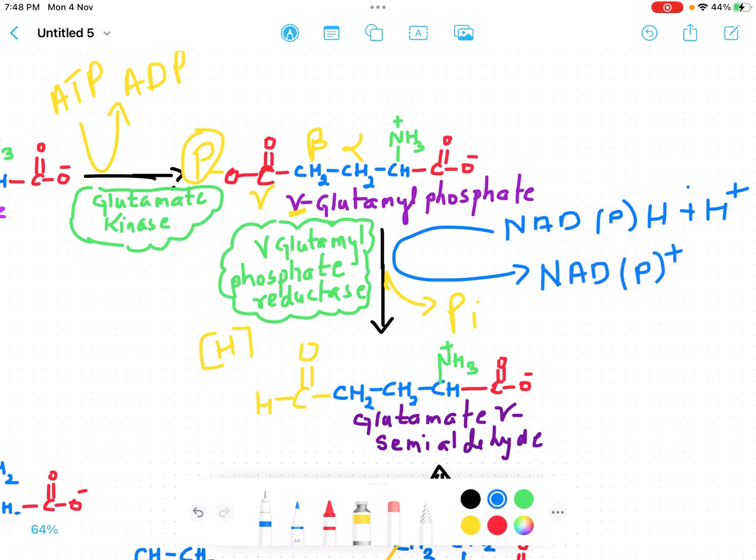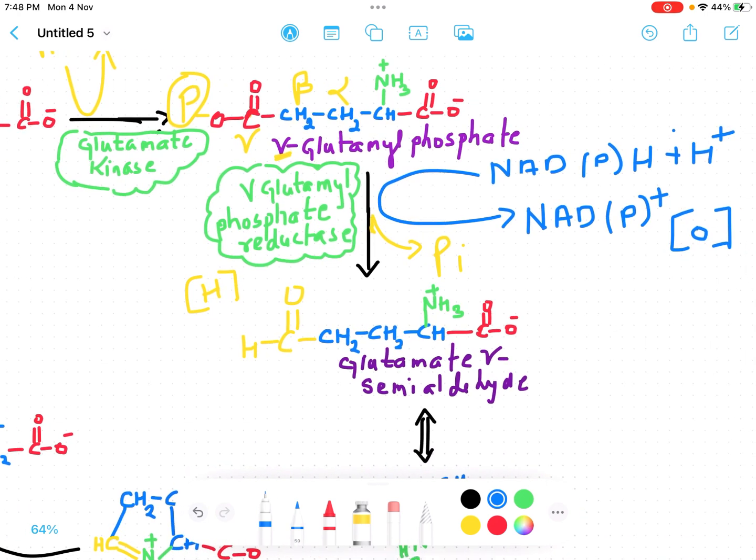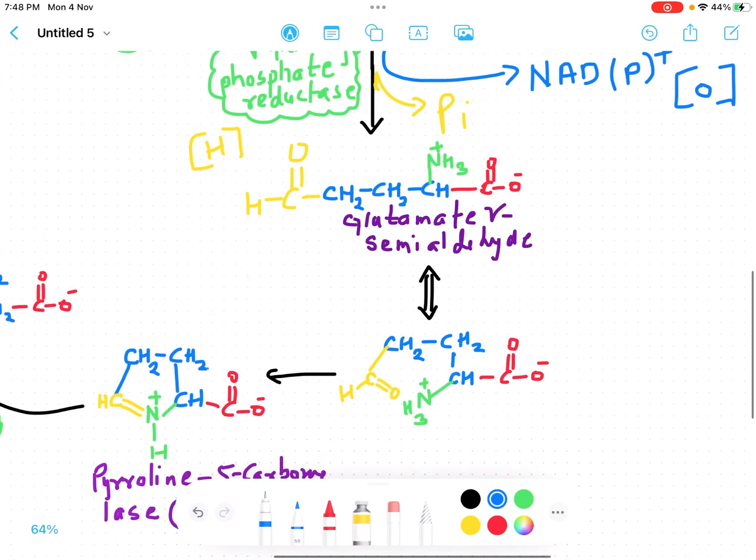This is an oxidation process. So we have both reduction and oxidation going on, and the enzyme is gamma-glutamyl phosphate reductase. The product is glutamate gamma-semialdehyde.